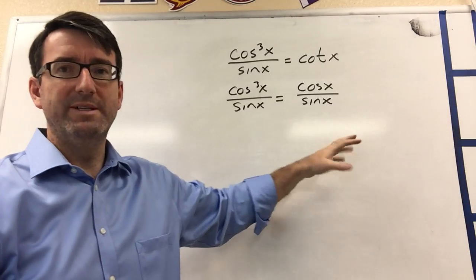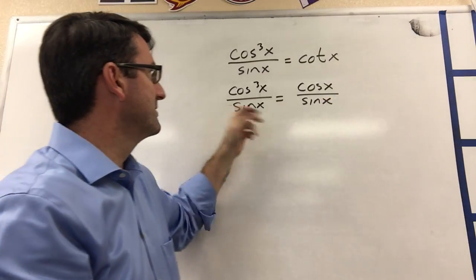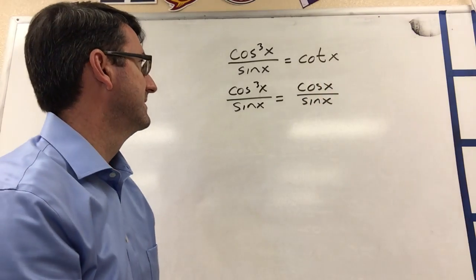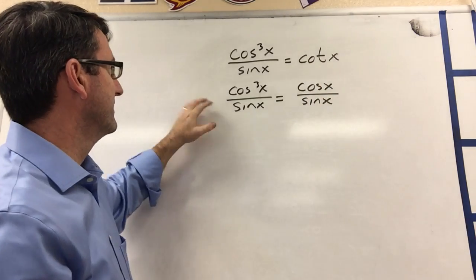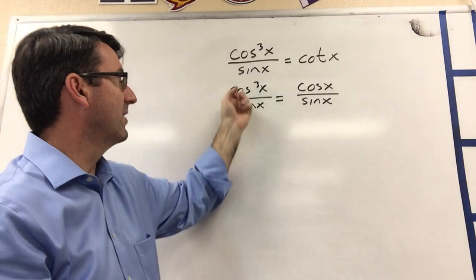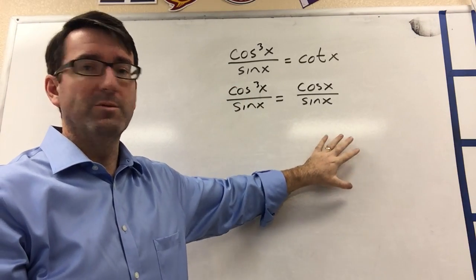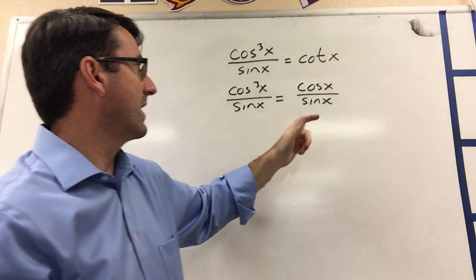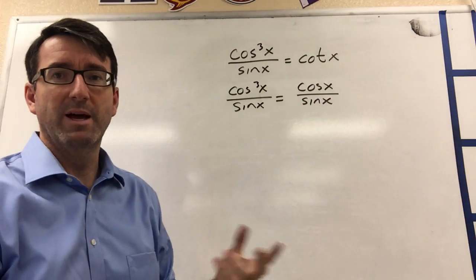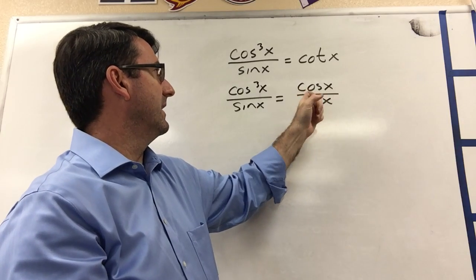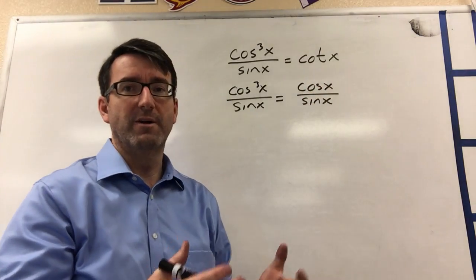Now, one thing that might be tempting here is to multiply both sides by the reciprocal of this, sine x over cosine x. This would become 1, and over here the sines would cancel, and we'd just get cosine squared x equals 1. Please don't do that. We have to be very careful about multiplying both sides of an equation by a trig function.